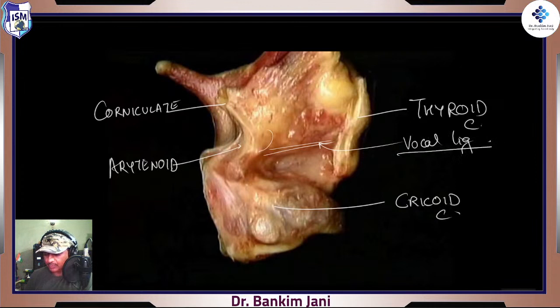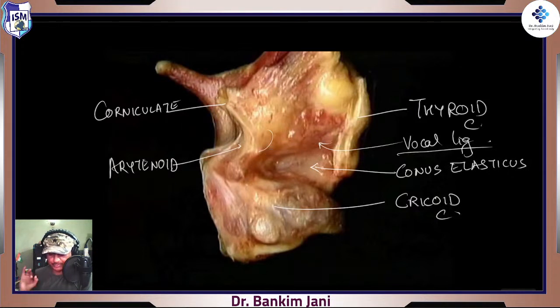And we said that the vocal ligament is not an isolated structure. The vocal ligament is the thickened upper free border of conus elasticus. So now we are completely comfortable with these structures. I'll just remove this also so that you can see it properly. All done.